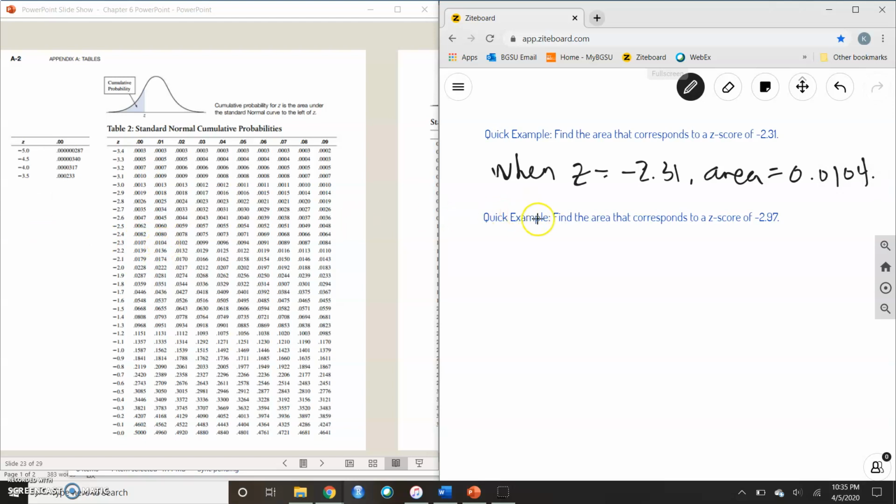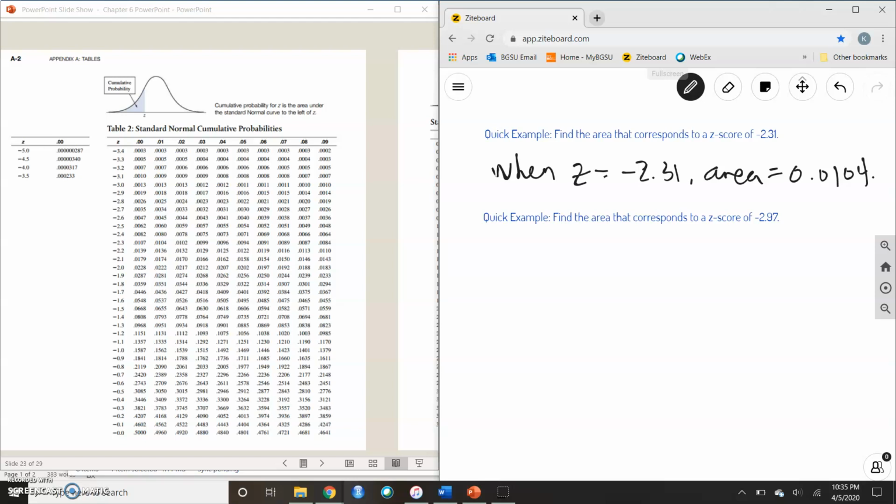Okay, now the next example, same thing, except we're looking for the area that corresponds to a different z-score. If we had a z-score of negative 2.97, what would be my area? Here, the number before and after the decimal is negative 2.9. So in the first column, I'm going to be looking for negative 2.9, which is right here. My 100th decimal number is 7.